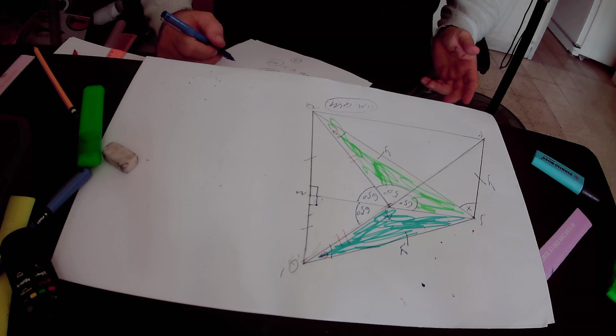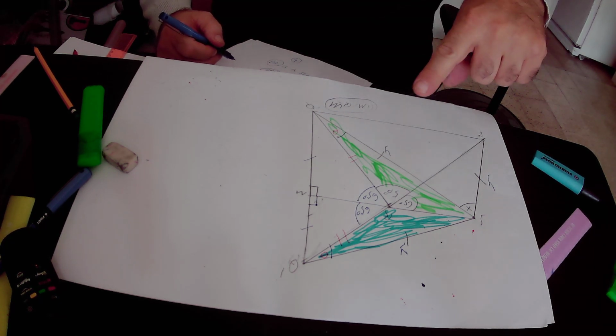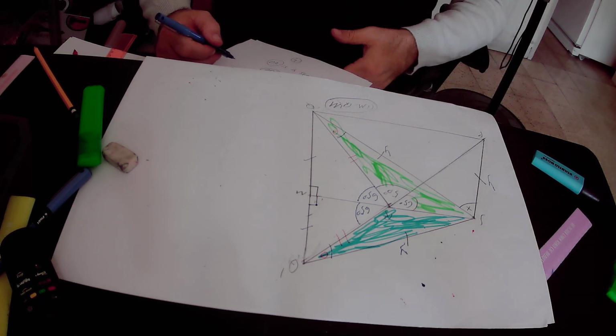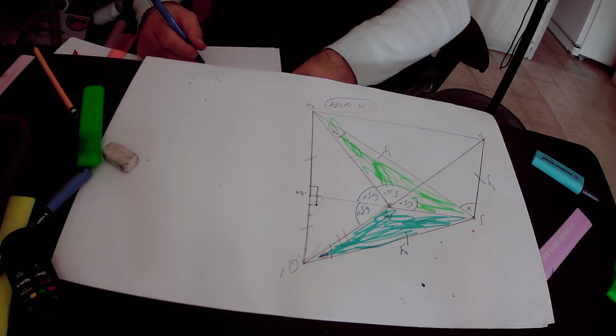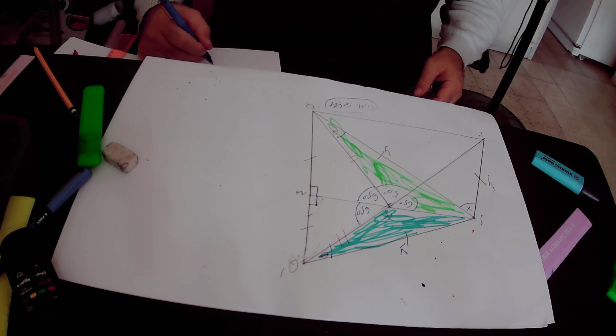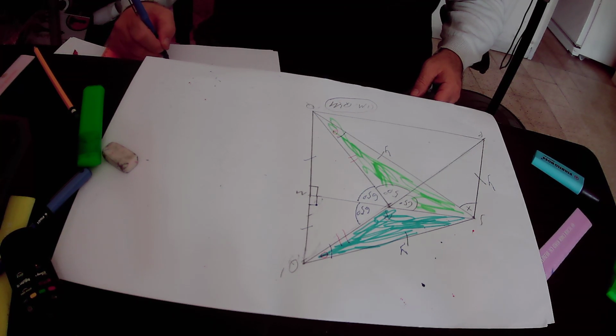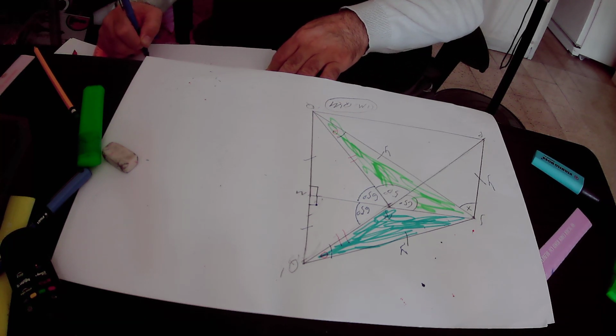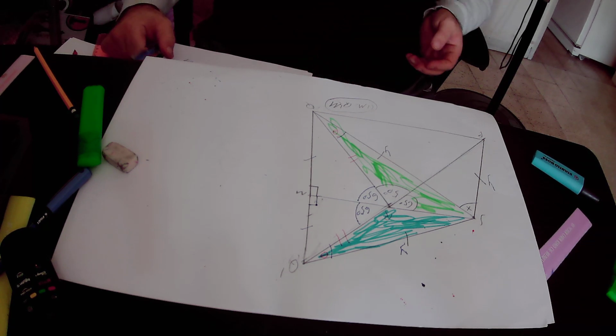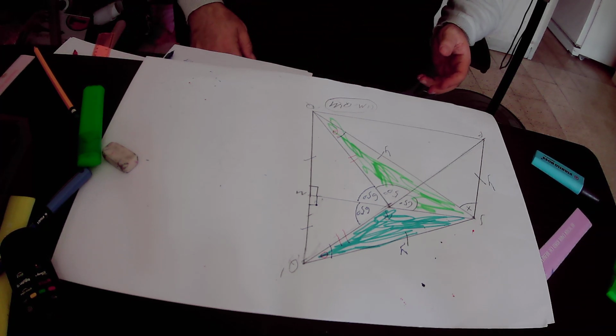Therefore, we can conclude that PQ dash is a straight line. Because what is an angle that equals 180 degrees?